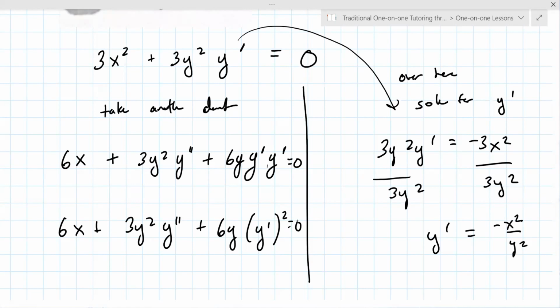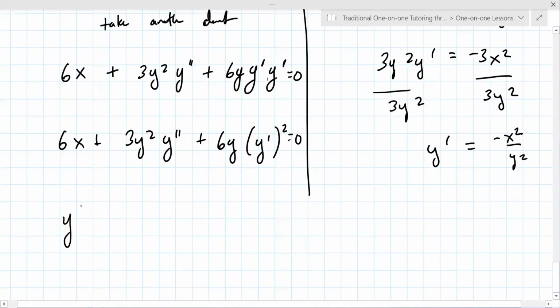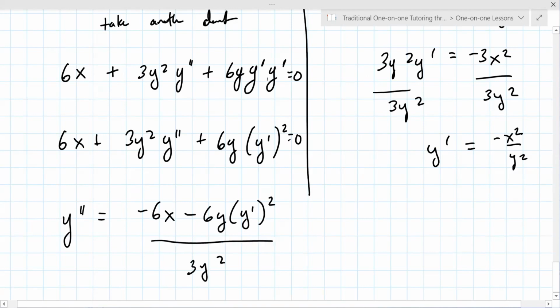They're about the same. You don't gain much doing it either way. Let's solve for y double prime and then substitute it, I think. So yeah, let's solve for y double prime. Okay. Y double prime equals minus 6x minus 6y y prime squared over 3y squared.